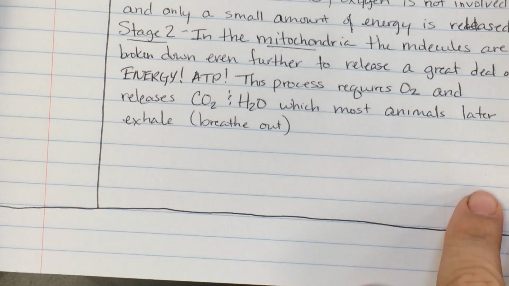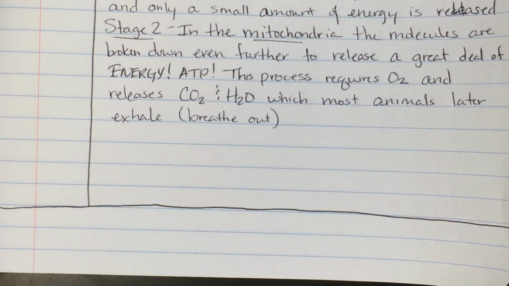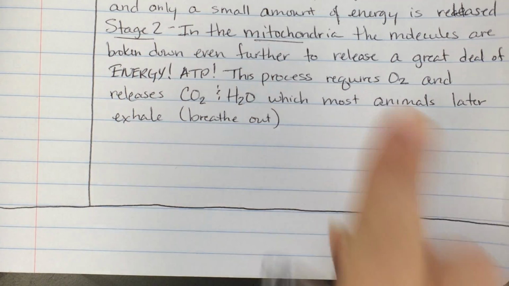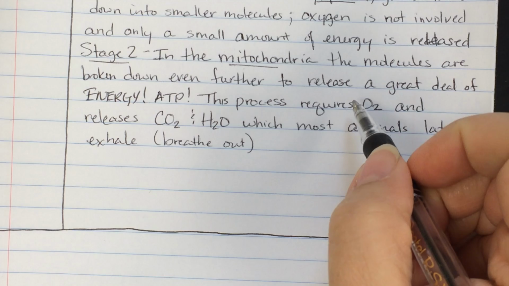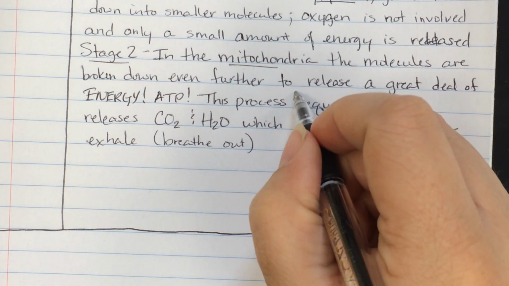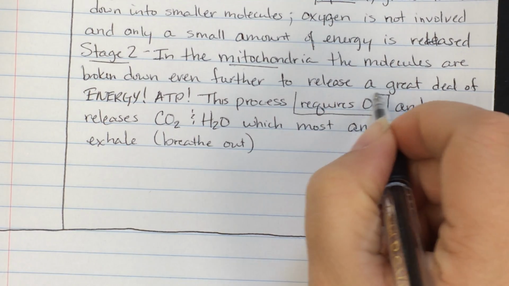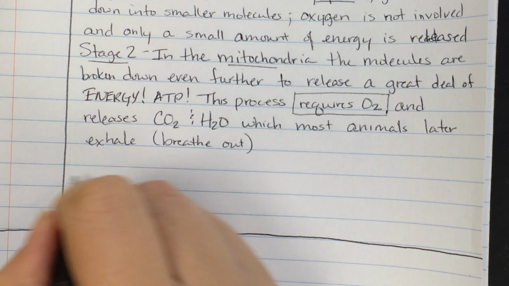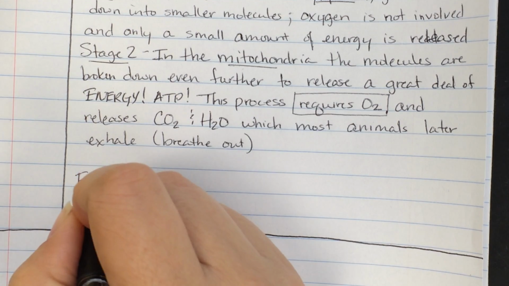Now, there's one little extra tidbit I've got to show you, which is what happens in stage two if there is no oxygen. We have to have oxygen in stage two. So I'm going to put a little box around here so I remember that this process requires O2, because that's real big. So if we don't have oxygen, we have a process called fermentation.